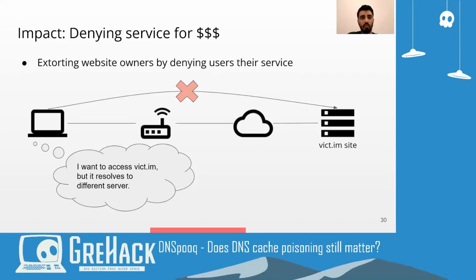So it is possible for an attacker to deny service from a victim site for multiple users and then demand money in order to unpoison the cache or recover user access for the victim site. We think this is a threat in a world where ransomware attacks happen on a regular basis.